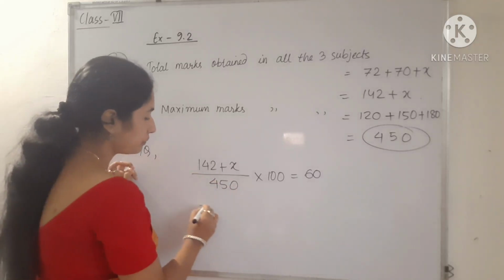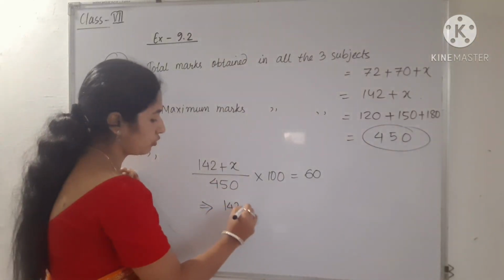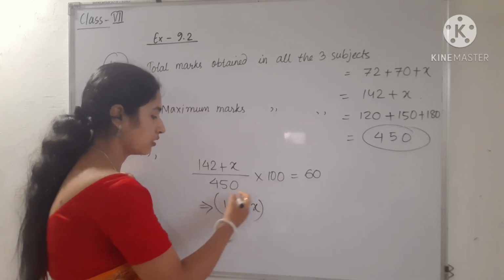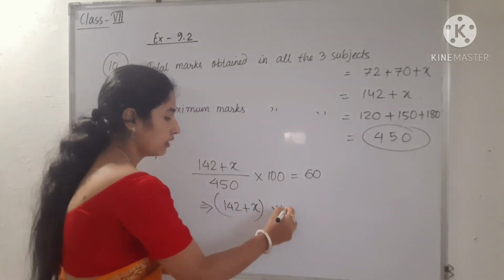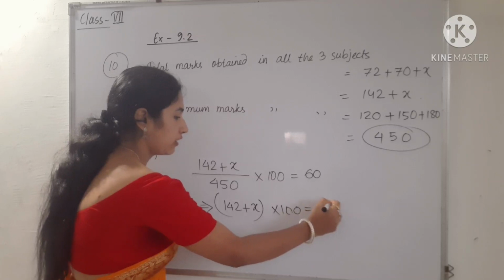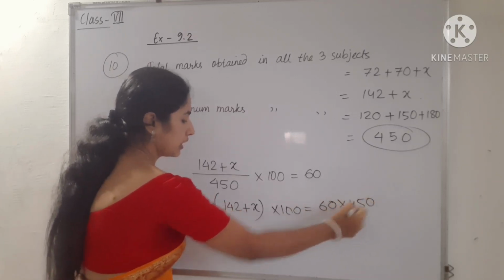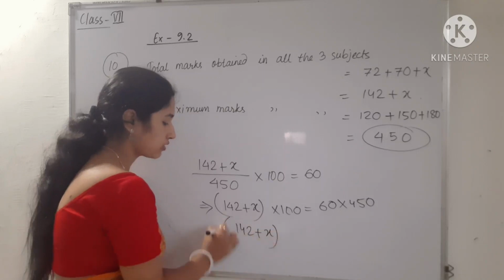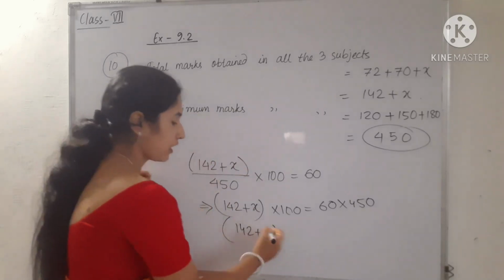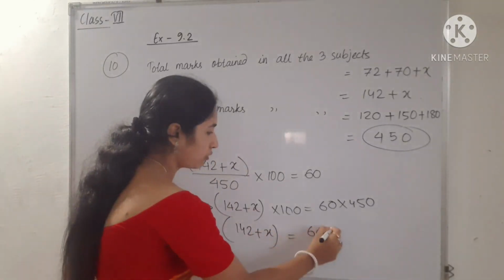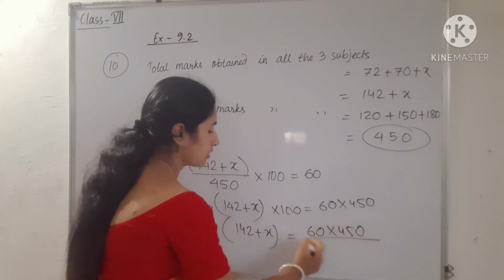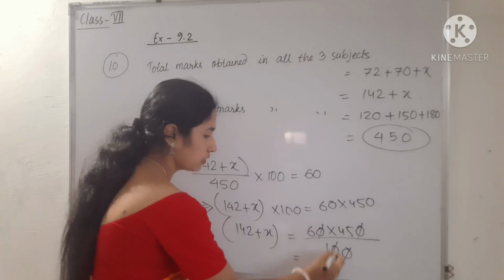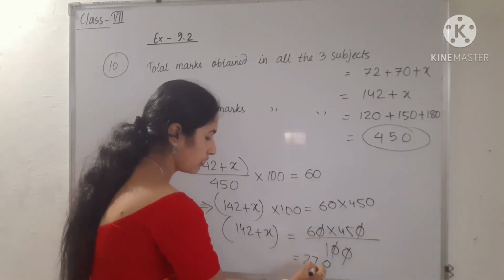Okay, so now you can see 142 plus x; if we transpose 450 to that side, it will get multiplied with 60, and then transpose 100 to that side. So 142 plus x will remain here. Okay, it will remain here, and you have to transpose this part to that side. It will get divided, so you will cancel it out. So this will be 270.